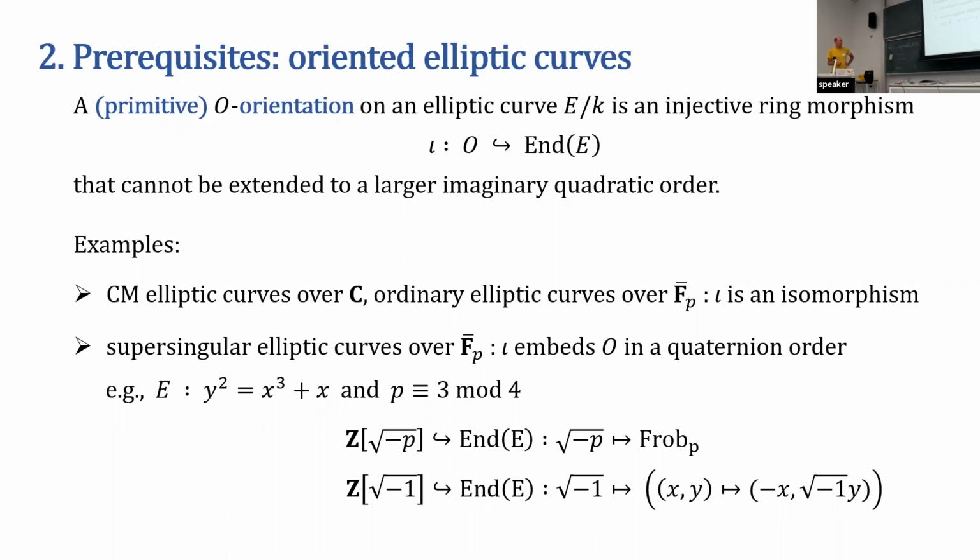If you look at this supersingular elliptic curve, y squared equals x cubed plus x, in characteristic p, where p is 3 mod 4, then, for instance, you have two different orientations. You could orient by this imaginary quadratic order by sending square root of minus p to the Frobenius endomorphism. But you also have an orientation by this imaginary quadratic order by sending square root of minus 1 to the automorphism.